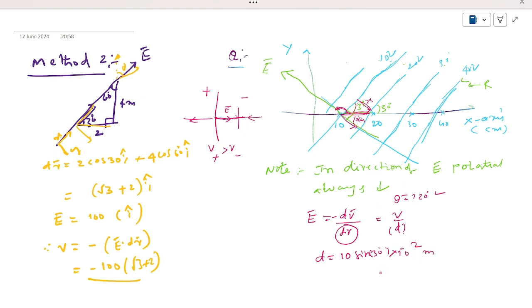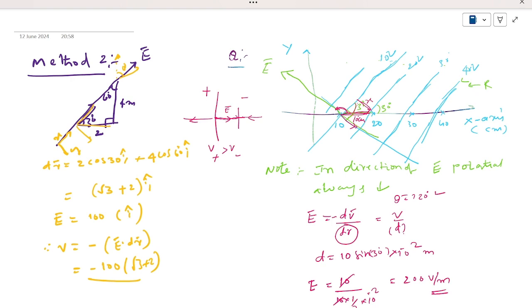Given here is 10 centimeter, converted into meters. Therefore, the magnitude of E is V by d: 10 by 10 into 1 by 2 into 10 power minus 2. The 10 gets cancelled, so the 2 and 10 power minus 2 go up, which means 200 volt per meter. Electric field is V by d, and Newton per Coulomb you can also write.